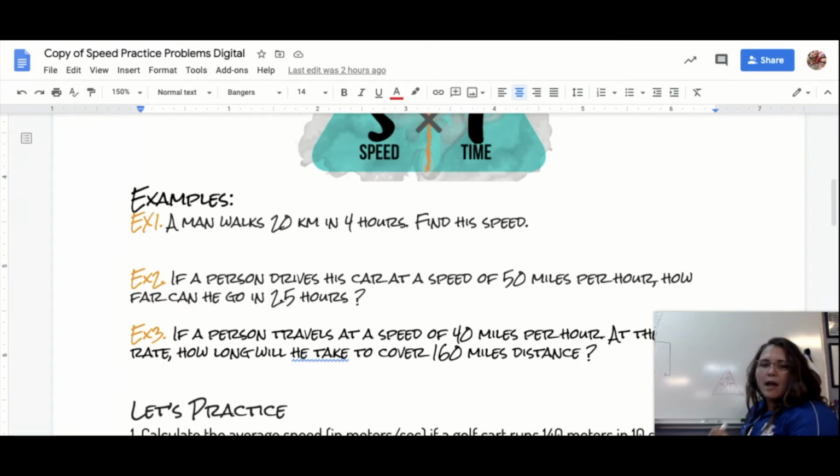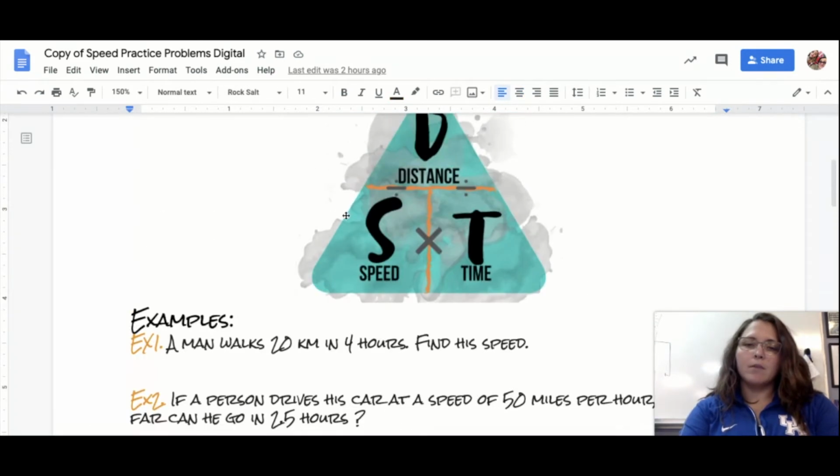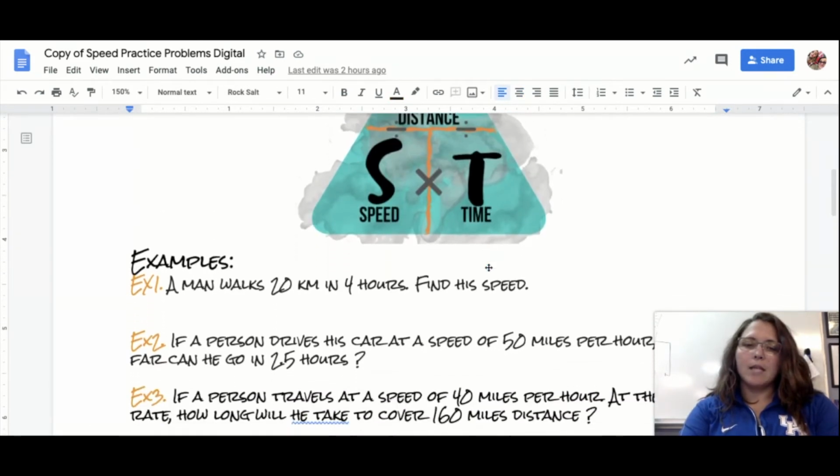If I am solving for speed, I would cover up the S with my hand, and then I would do distance divided by time because that's what I'm left with. So in my first example, a man walks 20 kilometers in 4 hours. If I cover up speed, I'm doing distance divided by time.